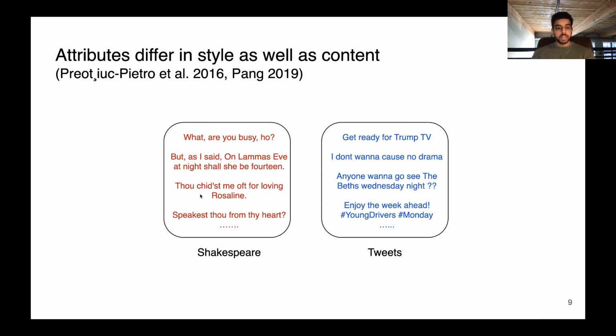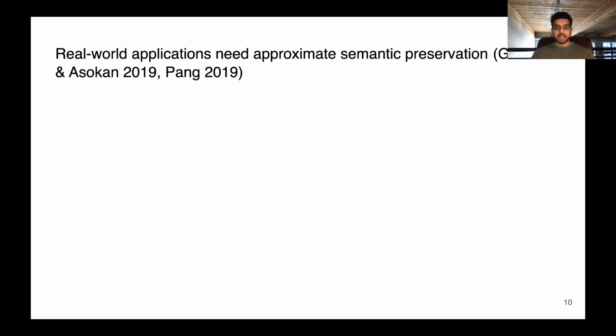And Shakespeare also has some terms that he uses that are obsolete at this point. So there's significant difference in content as well as style, which contributes to the challenge of this unsupervised style transfer task.